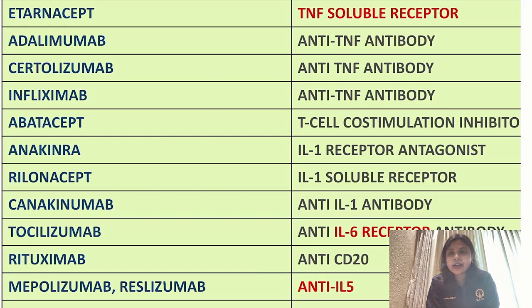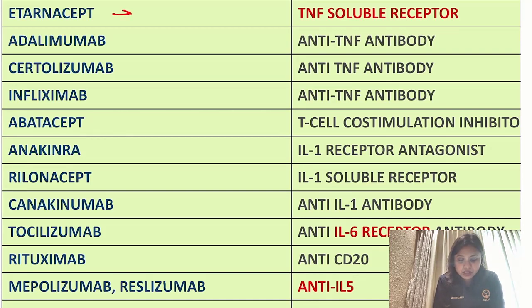The places where I have used the word receptor, I have highlighted it. And this is very important because you might be reading this chart in your pharmacology class, but you must take a note where it is written receptor or where it is written antibody, because you might be getting confusing options in your paper. So let us start.